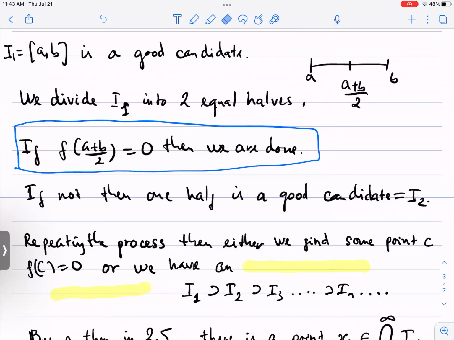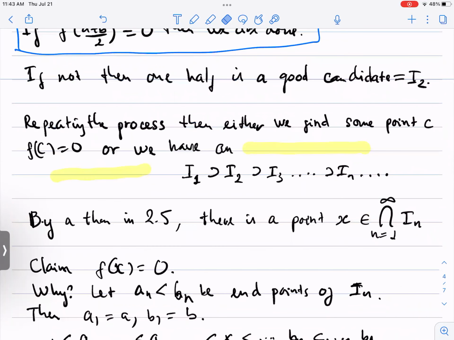So repeating the process either yields some point c such that f of c equals 0, or we have an infinite sequence of nested intervals.